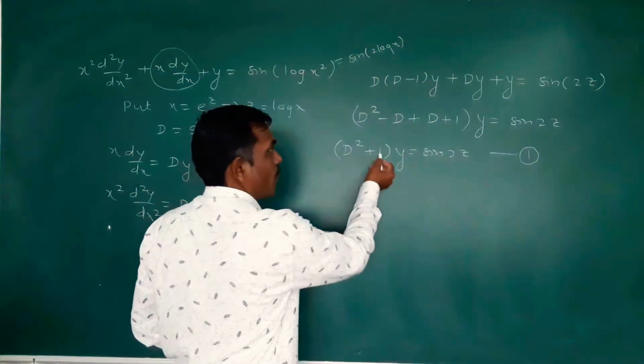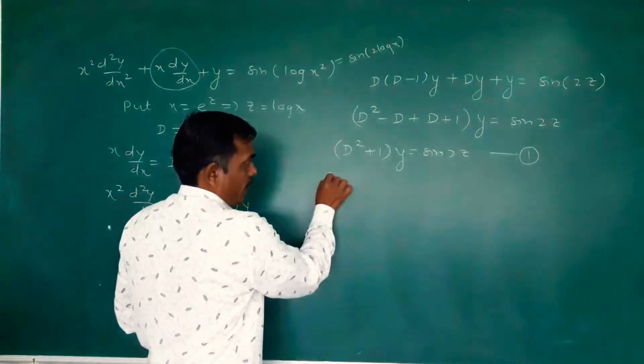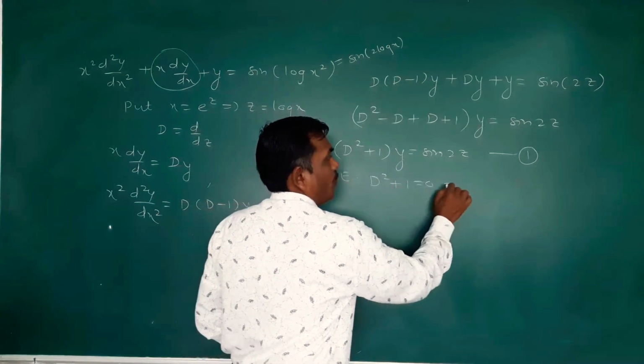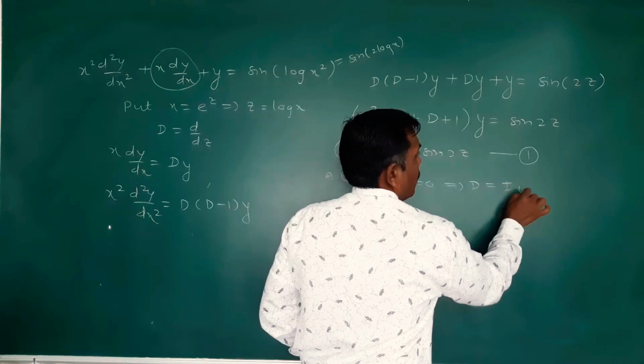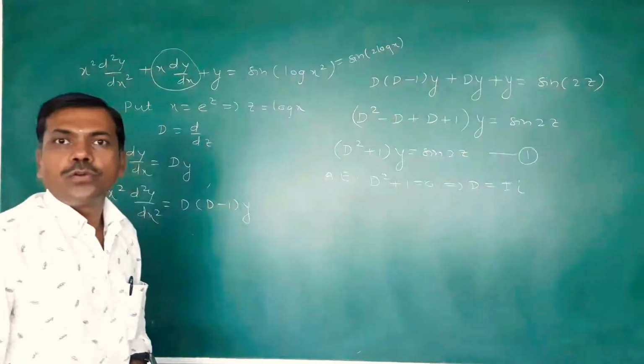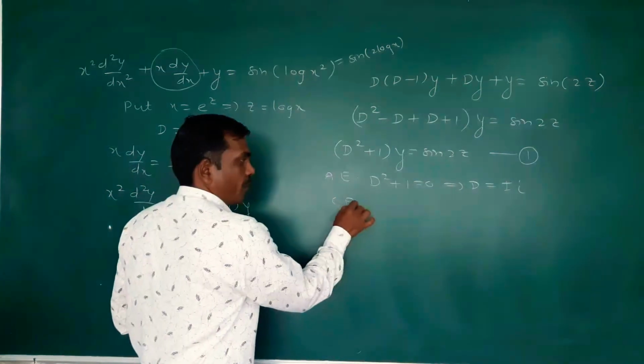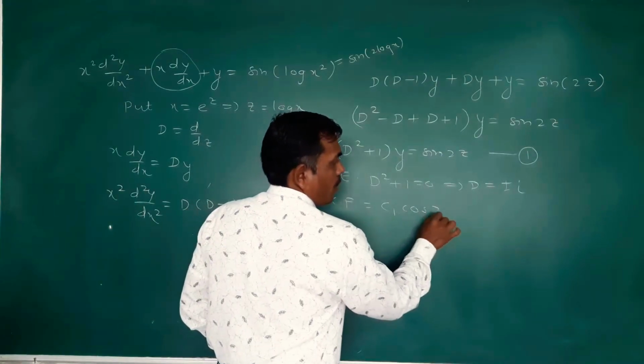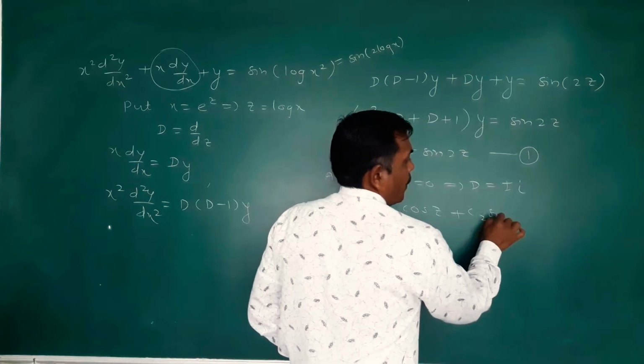So here D square plus 1 is there. So auxiliary equation is D square plus 1 is equal to 0. So D is equal to plus or minus i. These are the roots. So complementary function CF, we can write C1 cos z plus C2 sin z.